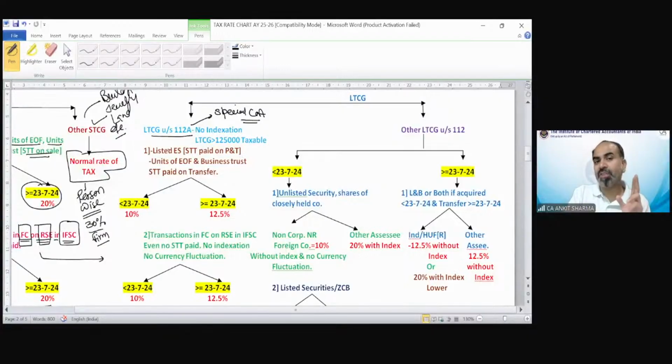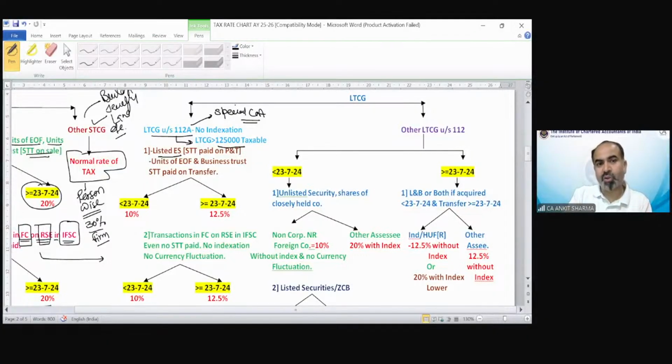That is the section 112A taxation provision we are discussing. And if your gain falls under section 112A, then there is an exemption of 1,25,000. Up to 1,25,000, there is no taxability. Any excess would be taxed as per the following provision.